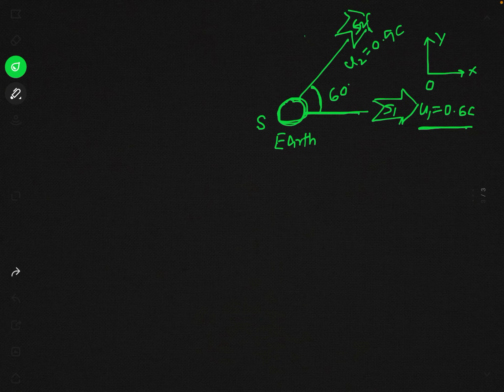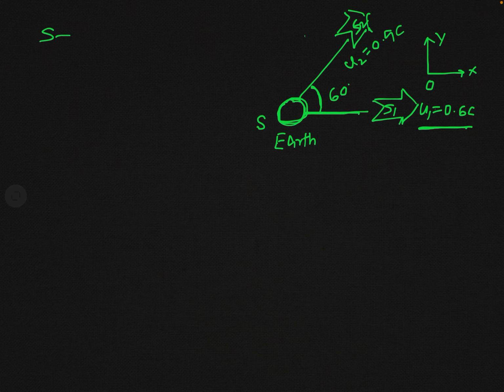And we have to find the speed of this spaceship S2 with respect to S1. So here S1 should be treated as a frame. Let us consider that the frame attached with S1 is S prime.